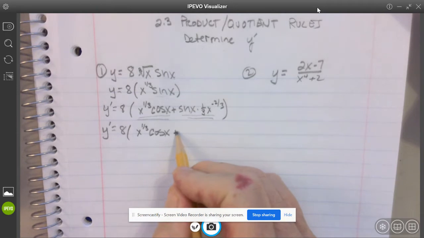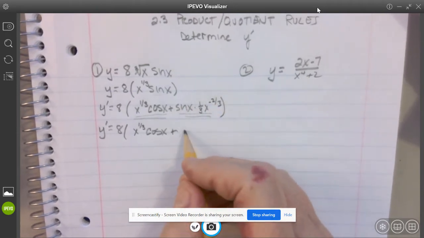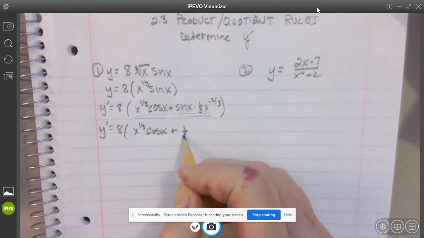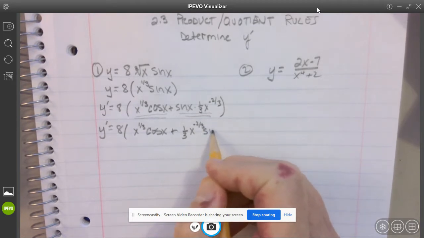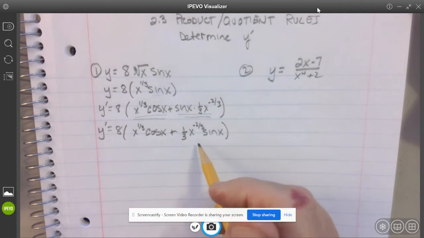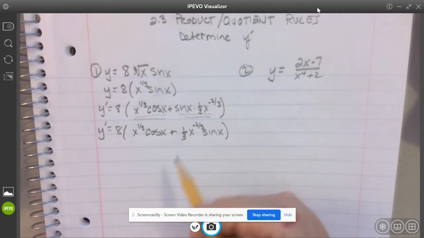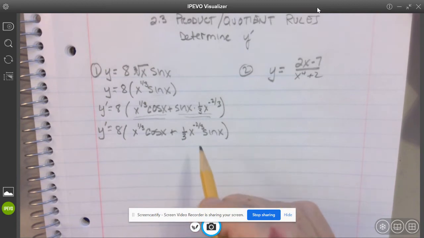So the first term didn't really change, but for this term, I'm going to write it as 1/3, that's the constant part, x to the negative 2/3, the algebraic part, times the sine of x. That's not going to be a huge deal in this problem, but it's going to make a lot of the future problems easier. So that's a good habit to get into, this cleanup step.